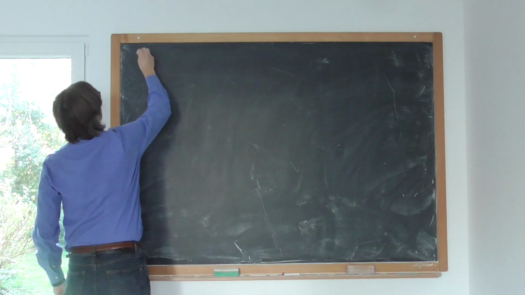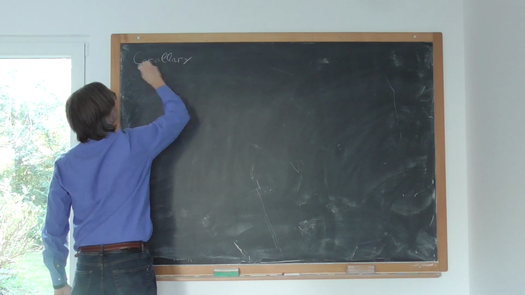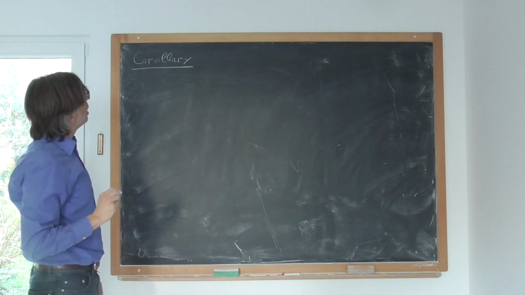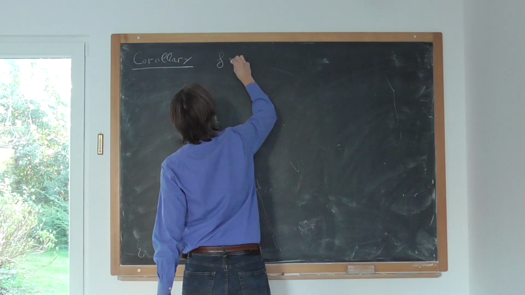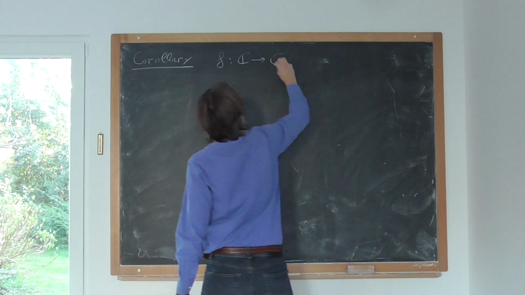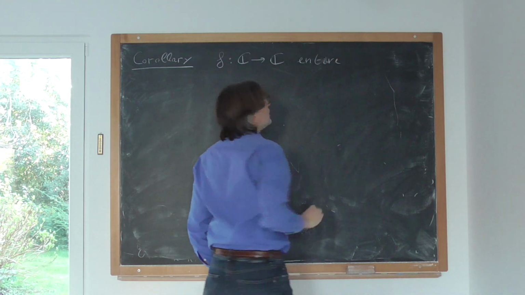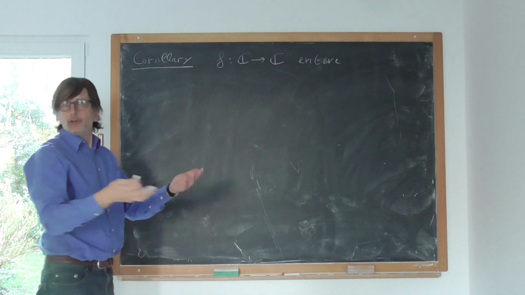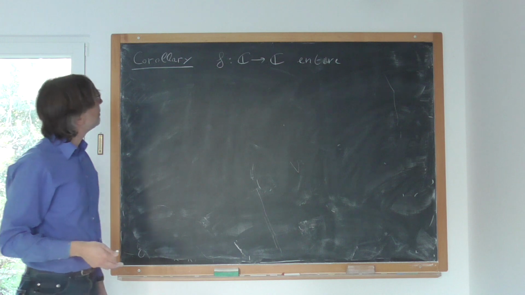So, corollary. Let's now consider an entire function. So entire means it's a holomorphic function on the whole complex plane.